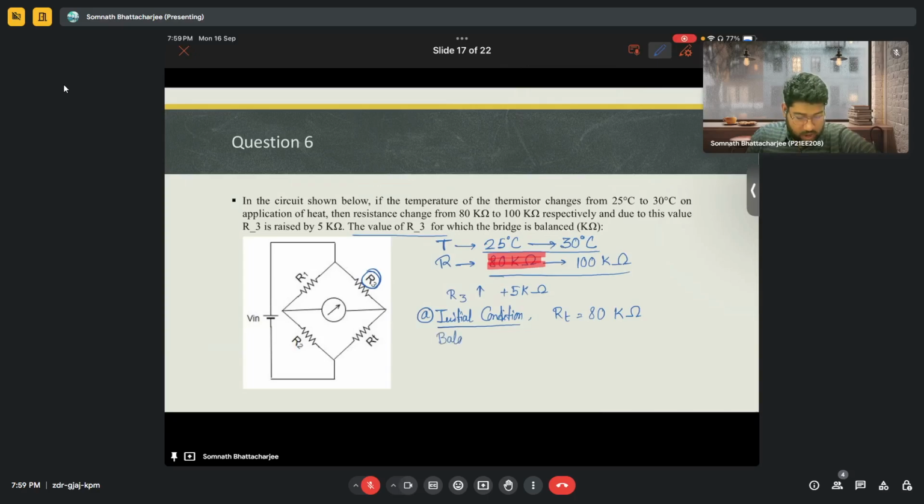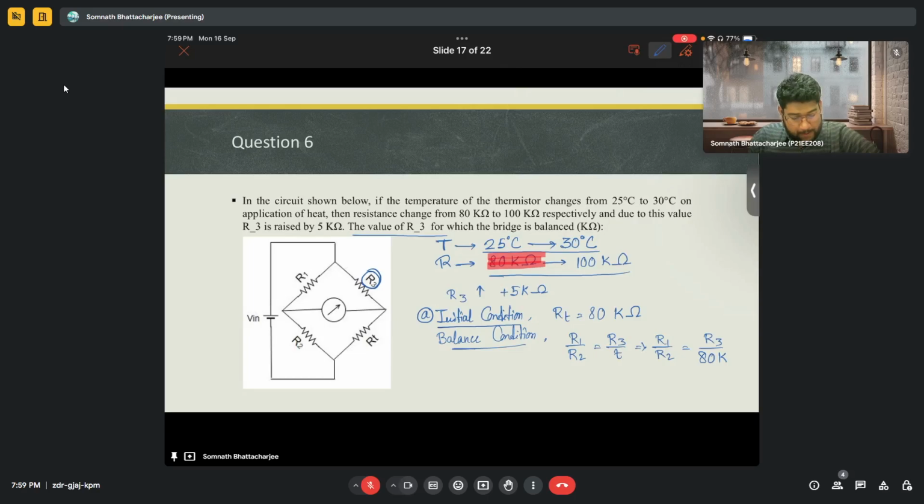We know the balance condition is R1 by R2 equals R3 by RT. So based on this, R1 by R2 equals R3 by 80 kilo ohms.